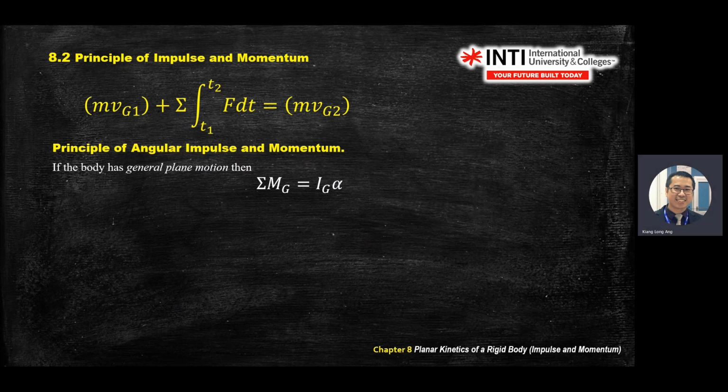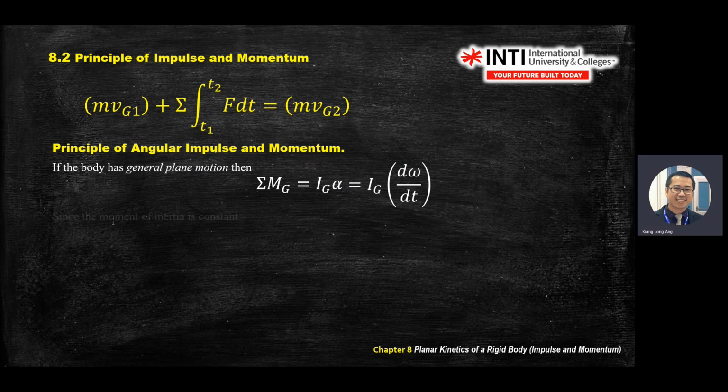Okay, so this one you learn in your chapter 7 already, M equal to I alpha. So you recall the definition. What is alpha? Alpha is acceleration, but in angular term.